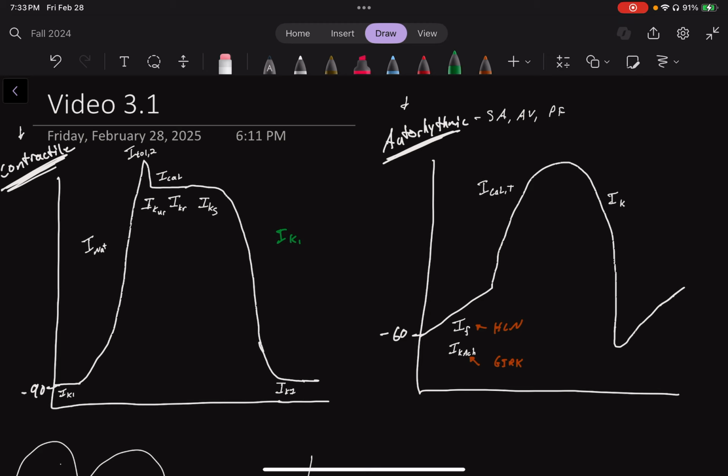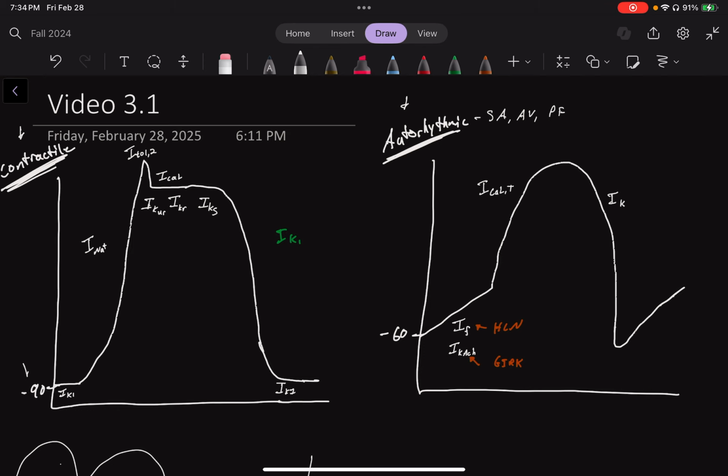More of them are open at lower, more negative voltages. They are responsible for setting the resting membrane potential, and at RMP, basically all of them are open. That means there is a very high permeability to potassium.